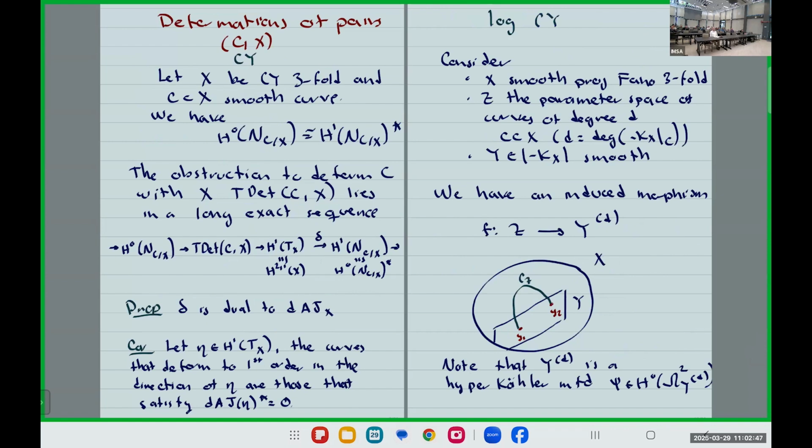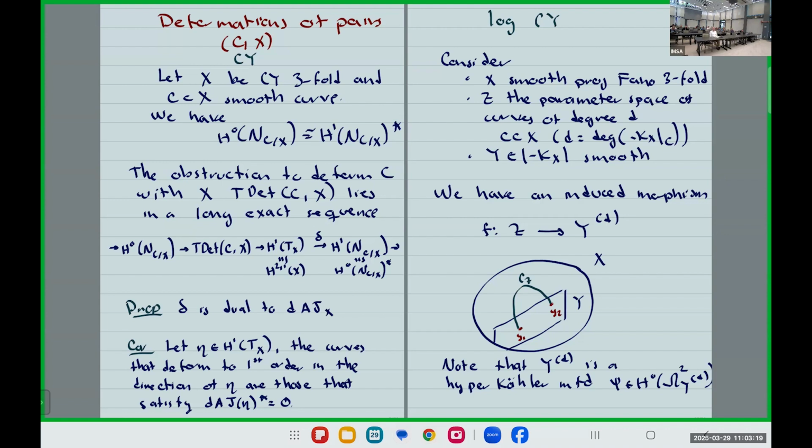So we can ask, if you deform a Fano or Calabi-Yau threefold, and you have a curve, let's say a smooth curve inside it, does this curve deform when you deform the threefold? And this will be also the same question for the logarithmic case. It happens actually that the obstruction to deform this pair is measured by the differential of the Abel-Jacobi.